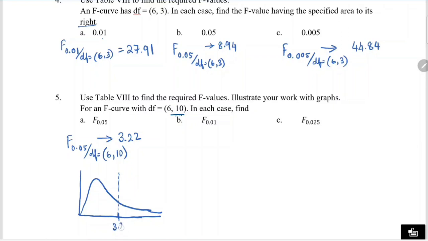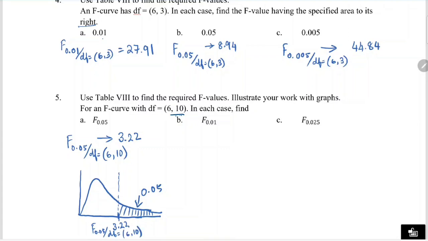This is going to be our 3.22, and this area to the right is going to be 0.05. So it is F of 0.05 with df equals 6, 10.